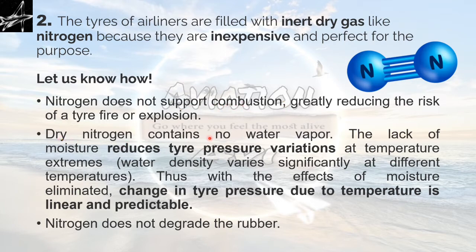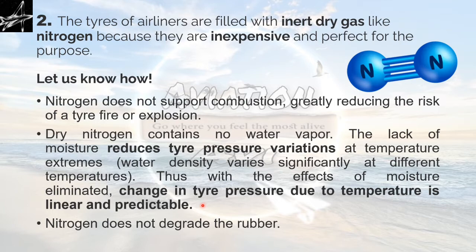Dry nitrogen contains no water vapor. The lack of moisture reduces tire pressure variations at temperature extremes. Thus, with the effect of moisture eliminated, change in tire pressure to temperature is linear and predictable. Actually, at about 30,000 to 40,000 feet, the temperature is about minus 40 degrees.